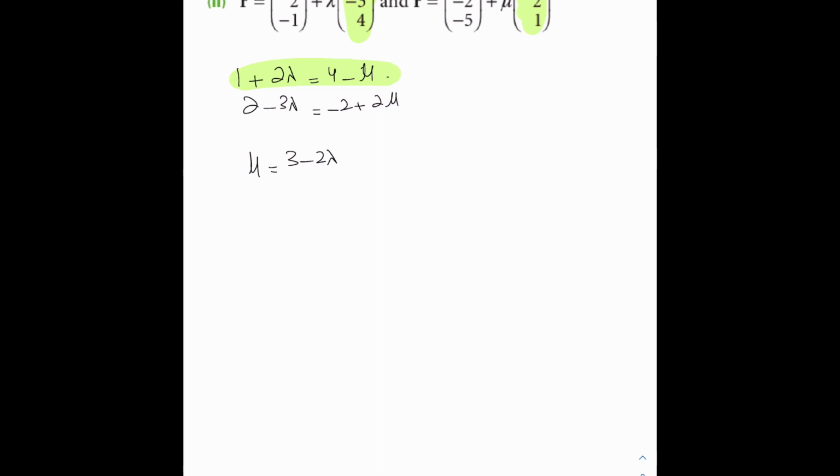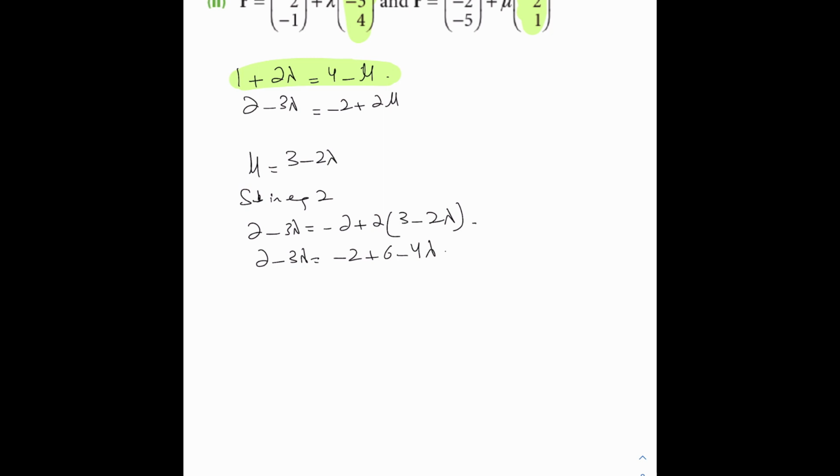Okay, substitute mu in the second equation, substituting in equation number 2. 2 minus 3 lambda equals minus 2 plus 2 times mu, which is 3 minus 2 lambda. 2 minus 3 lambda equals minus 2 plus 6 minus 4 lambda.